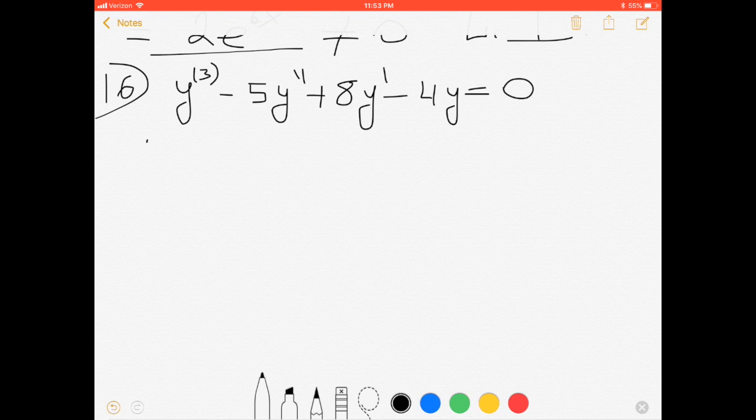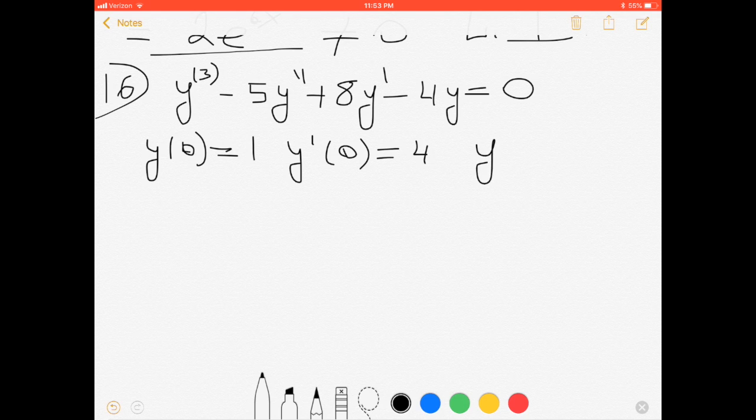We have initial point y(0) equal 1, first derivative at 0 equal 4, and second derivative at 0 equals 0. And we have the solution.